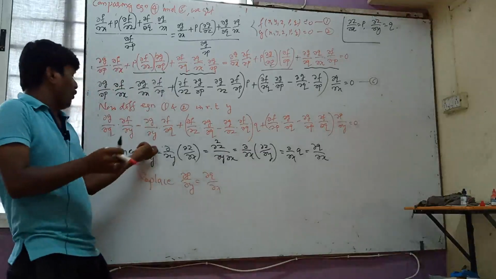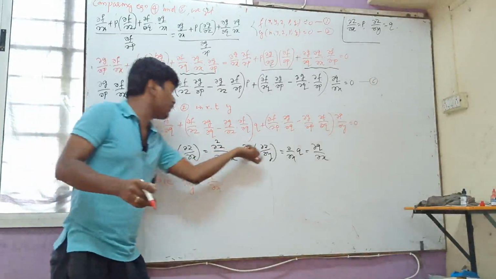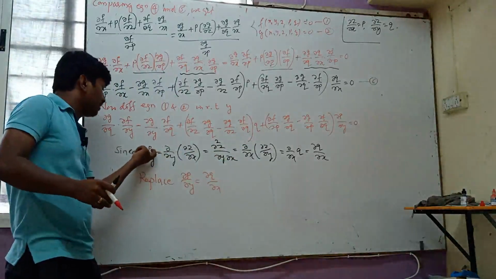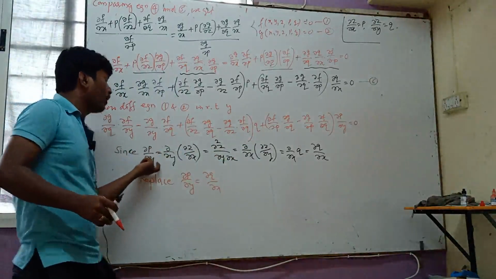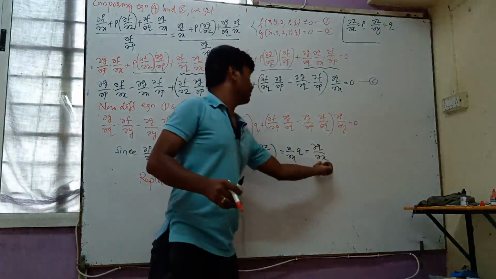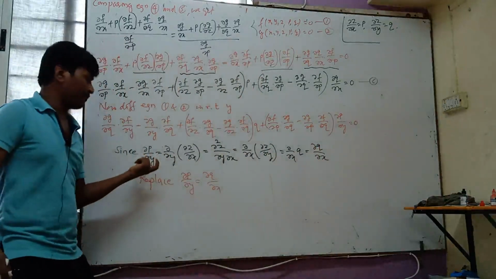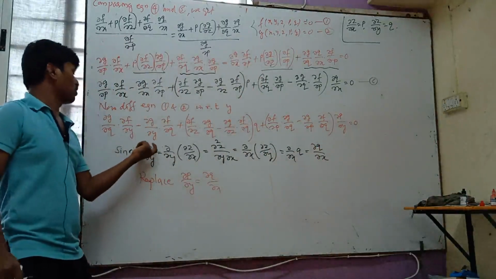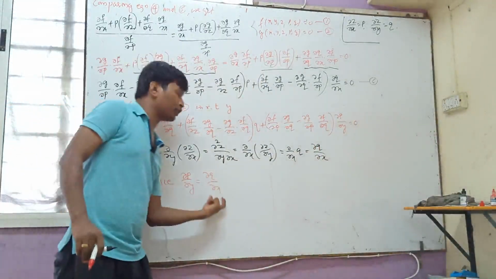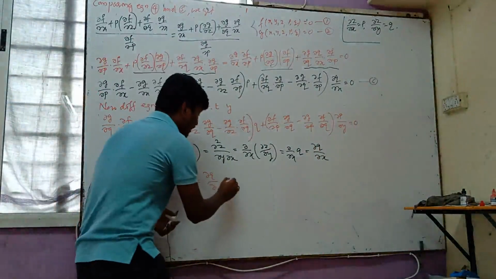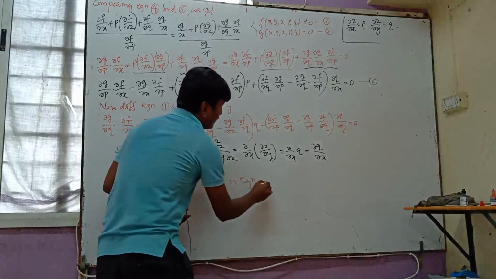When I substitute all these values here, instead of dou p by dou y, I get dou q by dou x. Therefore I am replacing dou p by dou y by dou q by dou x in equation number 7.